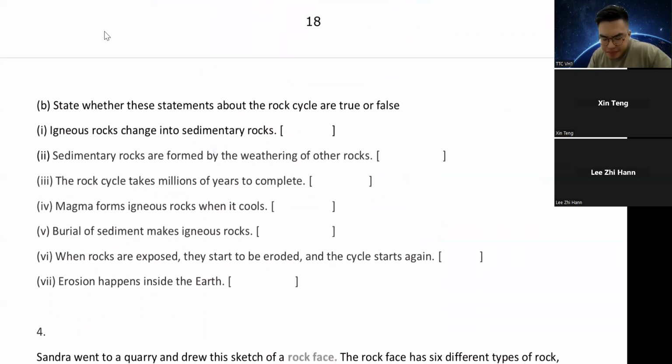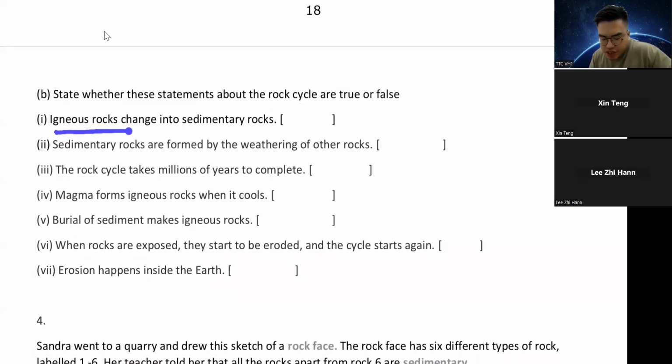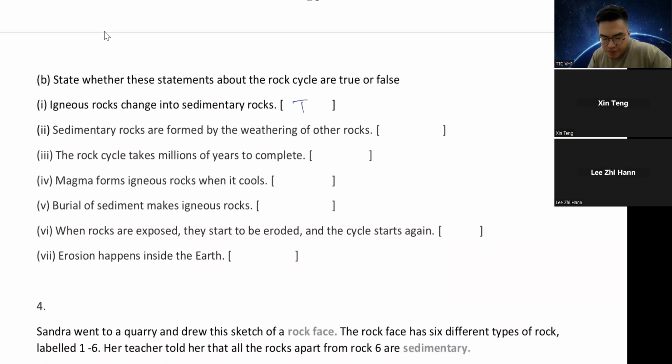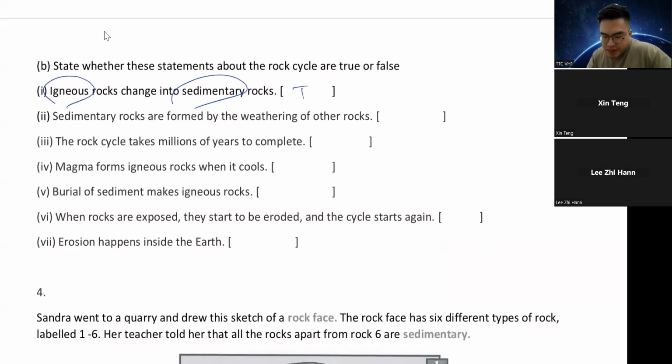So B, state whether these statements about rock cycles are true or false. Igneous rock changes into sedimentary rock. Yes, true. From baby to father. Sedimentary rocks are formed by weathering of other rocks. True. Weathering and deposition. Weathering is just one of the processes. Rock cycle takes millions of years to complete.